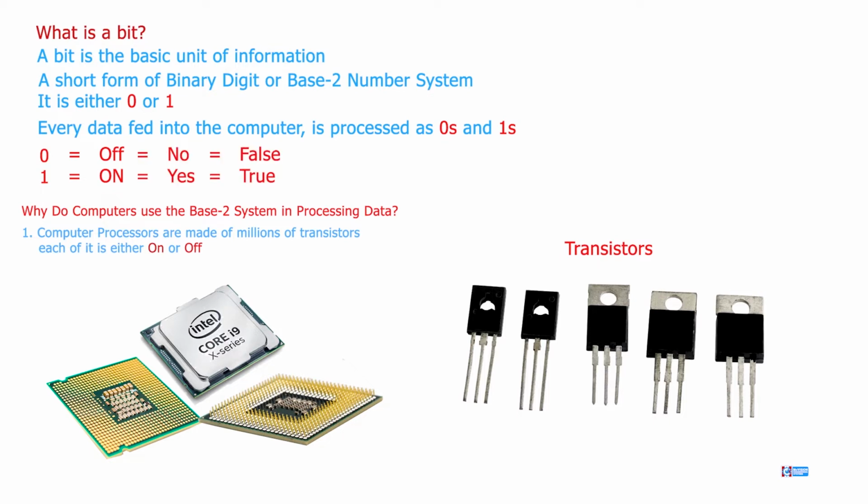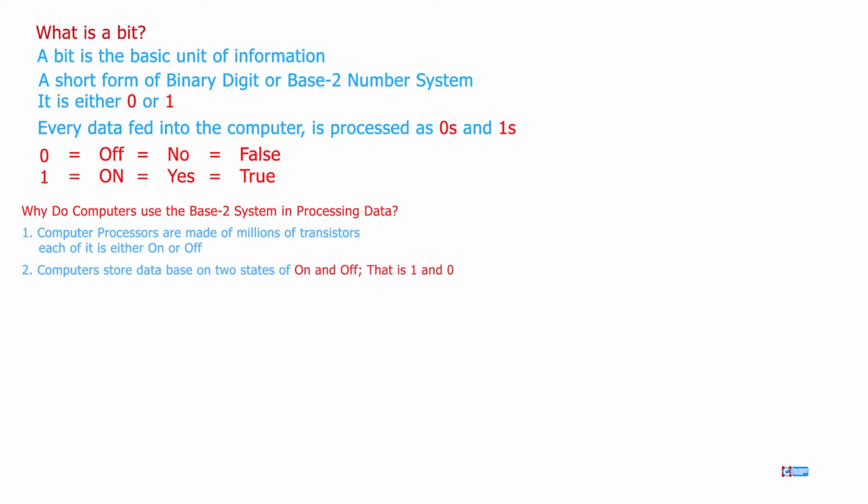Therefore, the binary digit, that is bit, is used. Although computers can represent varieties of information, every representation must finally be reduced to on and off states of a transistor. Thus, the answer is that the computer does not have many states to store information, therefore, it stores information based on the 2 states of on and off, that is 1 and 0 respectively.